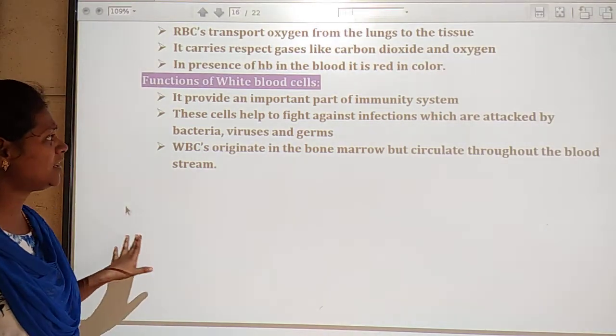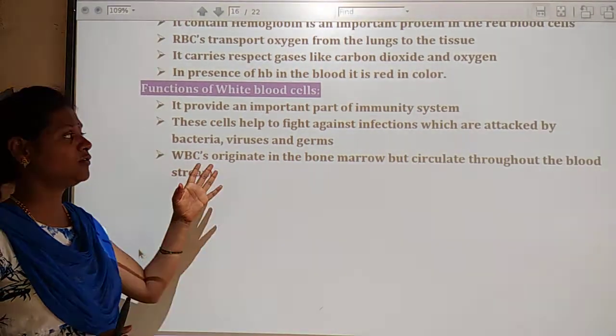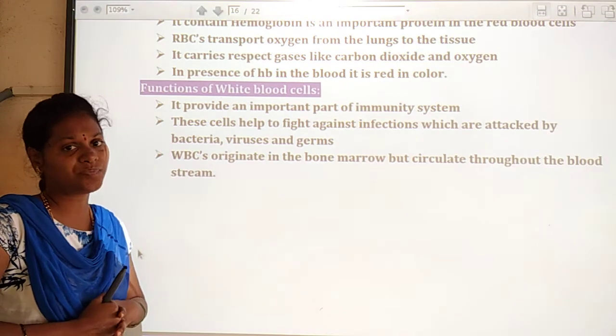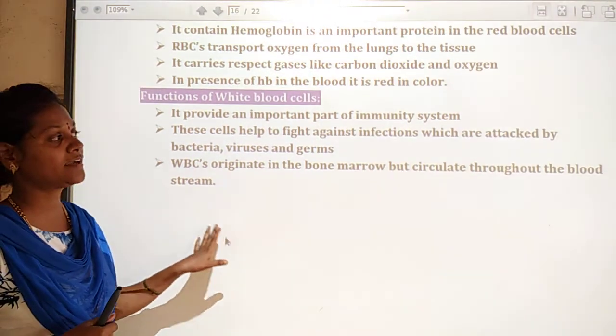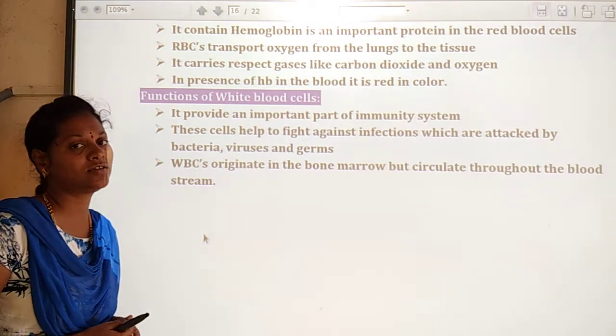Okay, and here these cells help to fight against diseases which are attacked by what? Viruses, bacteria or germs.